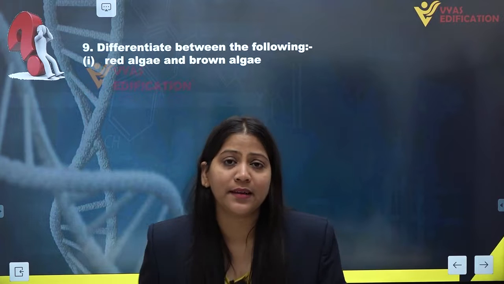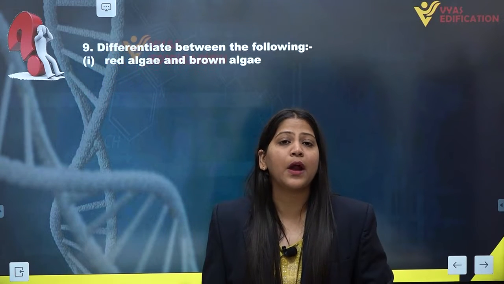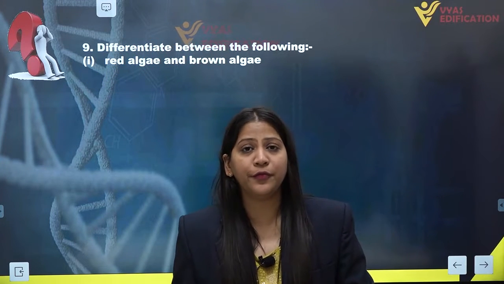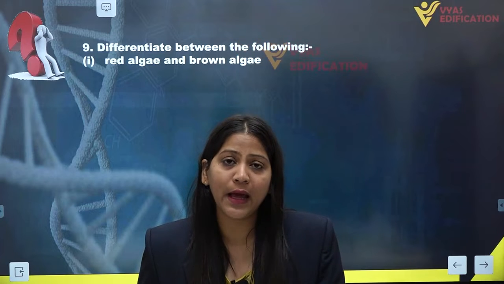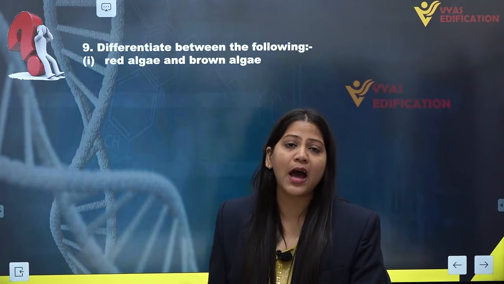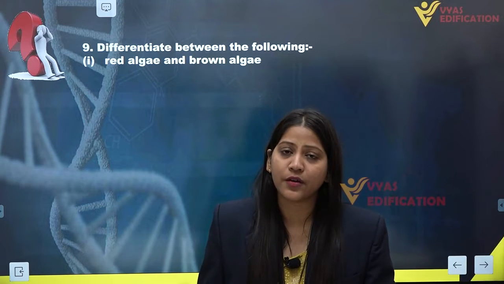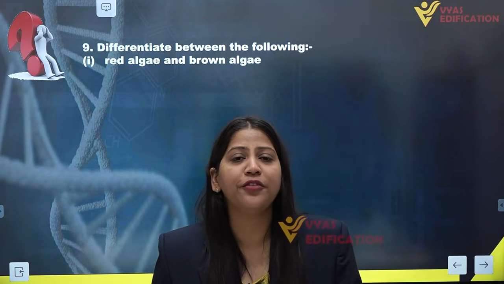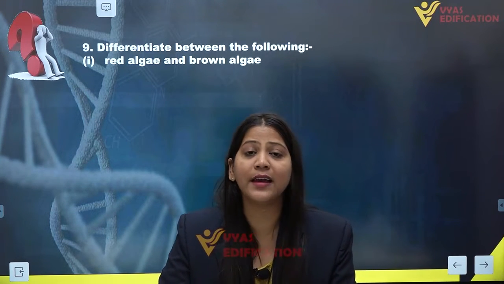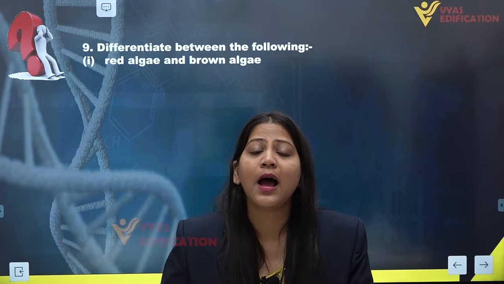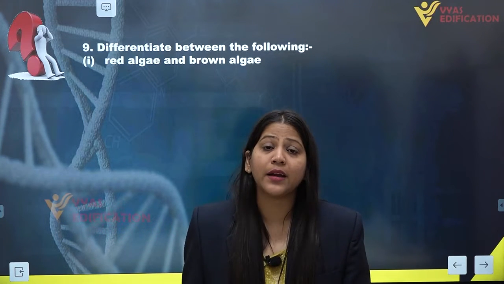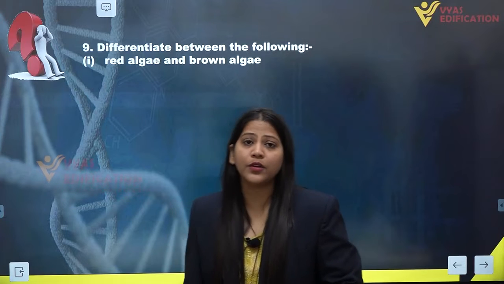The main pigments present in the brown algae or the members of Phaeophyceae are chlorophyll A, chlorophyll C and fucoxanthin. The reserve food material of brown algae or Phaeophyceae is mannitol and laminarin, and flagella are found in them.